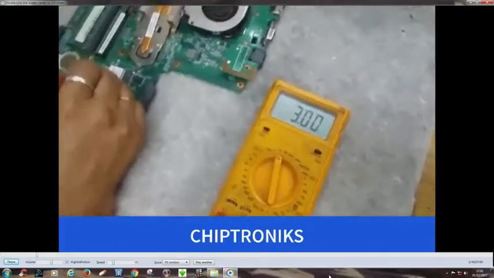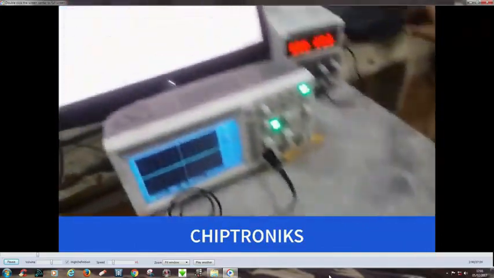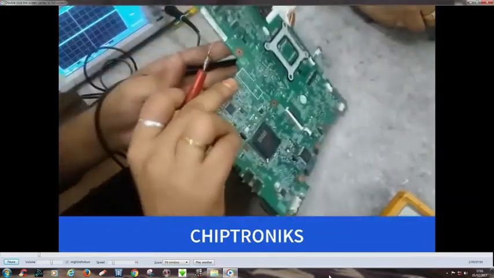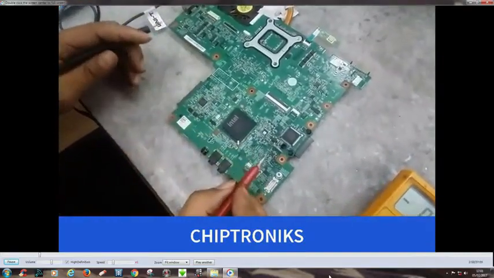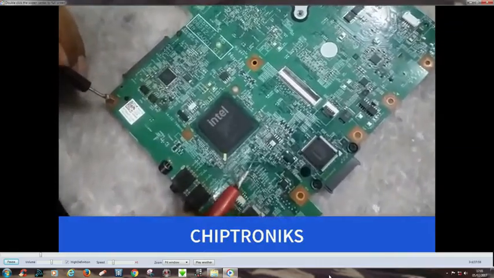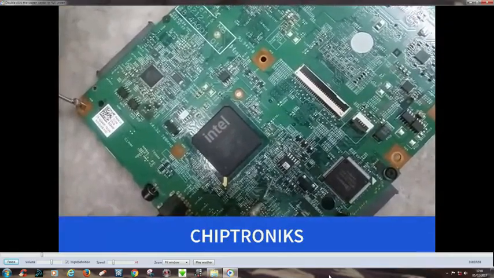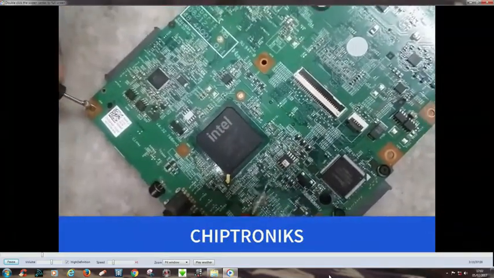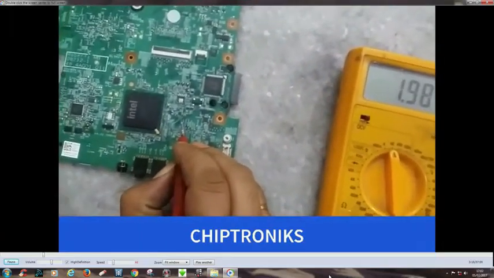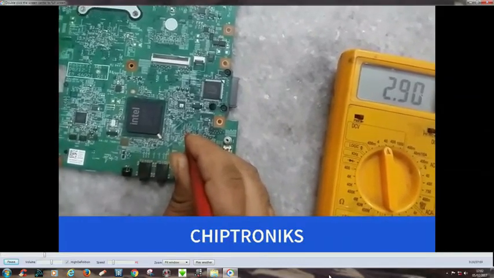And you can see 3 volt is coming over here, and let's check it on the diode also on U24, and you can find that U24 is on the back side of this board. So this is the diode U24. So we have to check for this diode. If this RTC underscore cell is not coming, then we have to check this U24 diode, and we have to check for this battery. Okay, so here this diode is okay, and then we go to the next step.